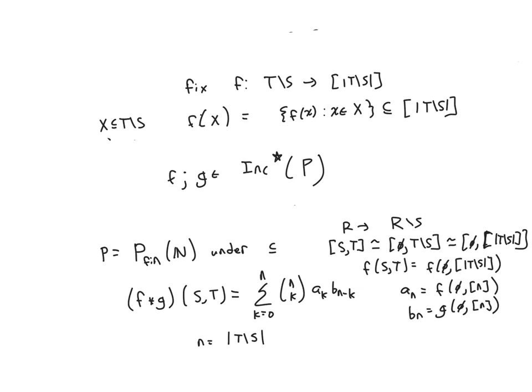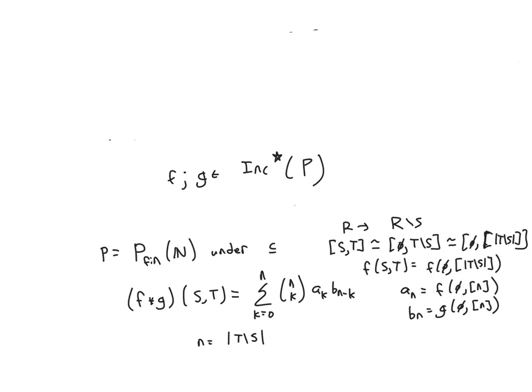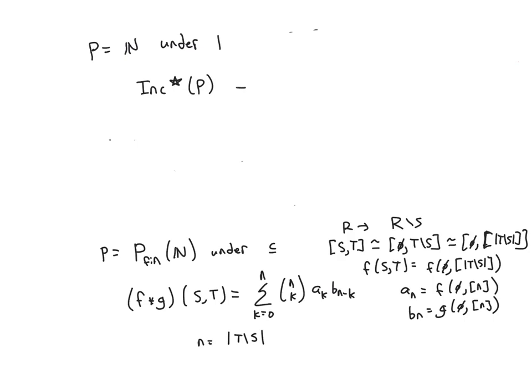A third example, which we won't discuss much further than this, is that you can look at natural numbers under division. Then this incidence algebra is actually going to correspond to something in number theory called the ring of Dirichlet series, which has its own convolution.